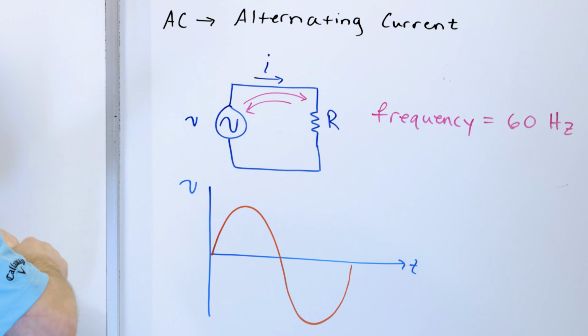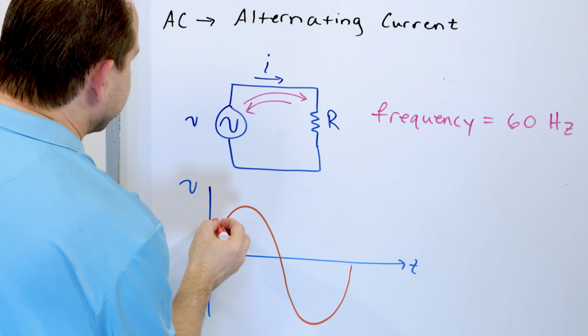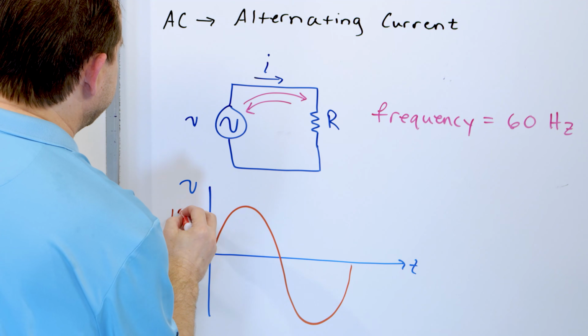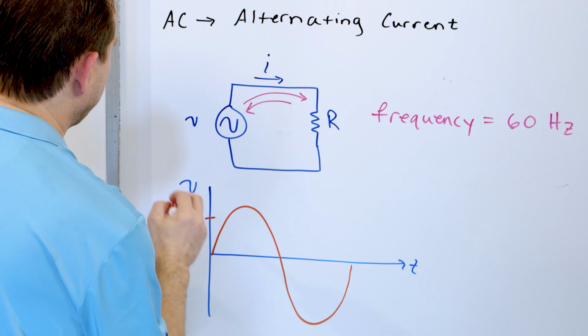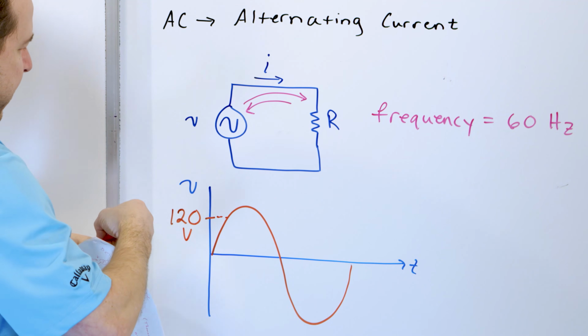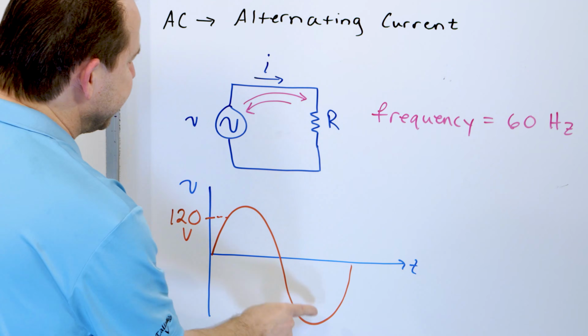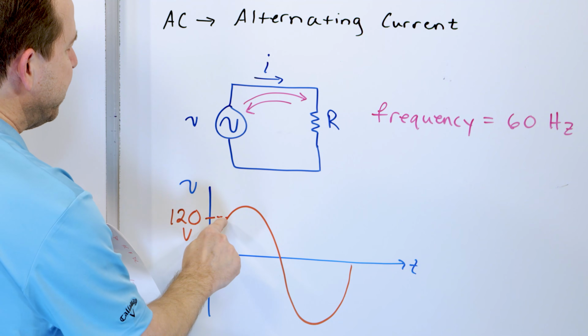Well, in the United States, again, it's different around the world, but the voltage here is typically very close to 120 volts. Now, where you measure the voltage is a little bit weird, because you would think that you would measure the voltage at the maximum, but actually we pick an intermediate value.